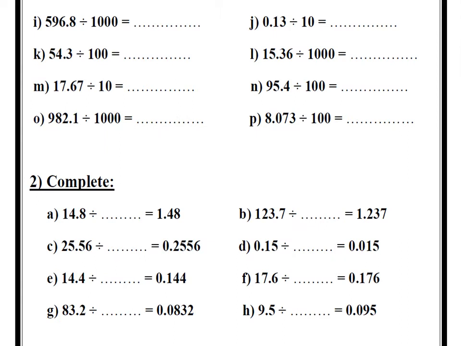I, 596.8 divided by 1000, 3 steps. So 1, 2, 3, my decimal point before the 5, so it's going to be 0.5968. J, 0.13 divided by 10, 1 zero, 1 step, so it's going to be 0.013.